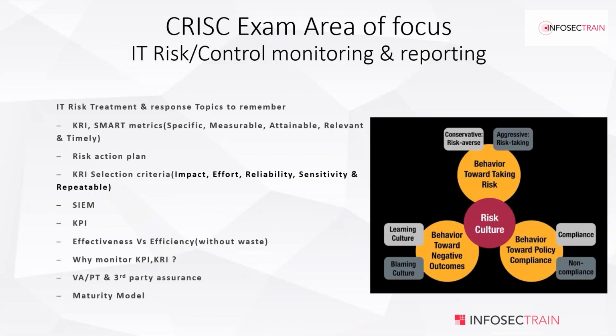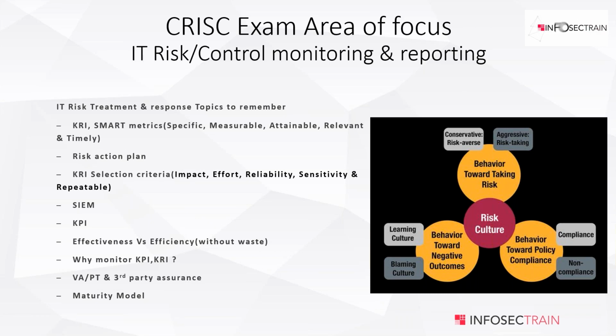Okay. Then final control, monitoring and reporting. As we have seen with risk culture, I specifically mentioned this diagram over here because we have all the parameters like KPI. Here we have KRI, key risk indicators. We have risk action plans, we have a close eye on that. We have SIEM kind of tools, security incident and event management tools.